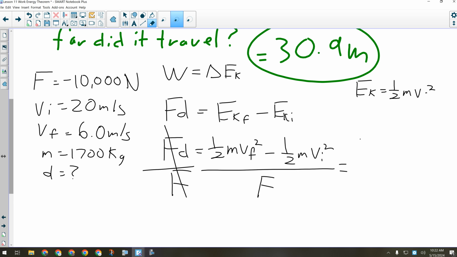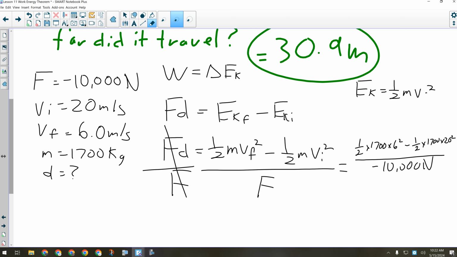So I'm going to have 1/2 times 1,700 kilograms times 6 squared, that was my final, minus 1/2 times 1700 times 20 squared, divided by negative 10,000 newtons. Now I'll get a positive distance.